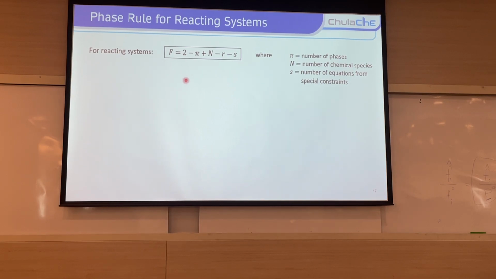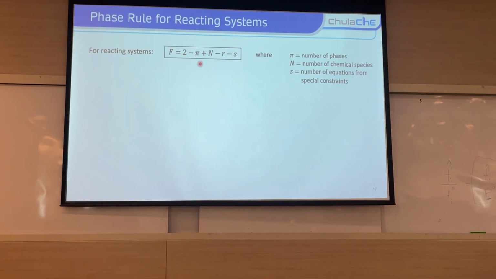As you might know, normally the equation for determining the degrees of freedom, F here is the degrees of freedom, is equal to 2 minus the number of phases, with the pi symbol here, the number of phases in the system, plus N, the number of chemical species. This is usually the general equation for determining the degrees of freedom.